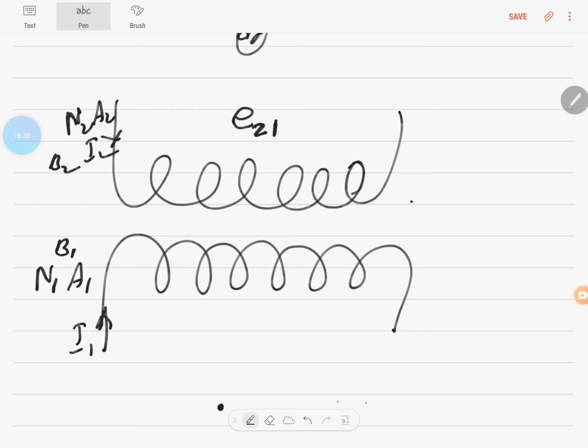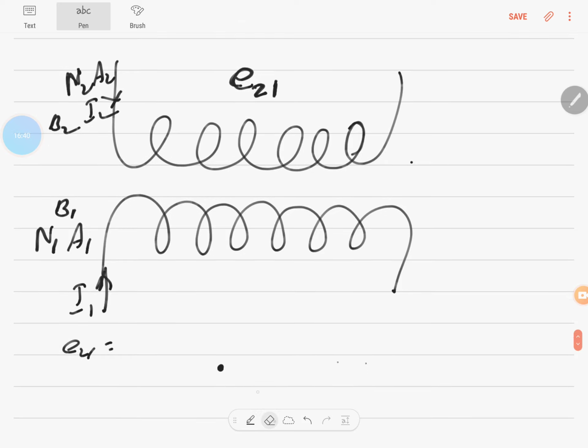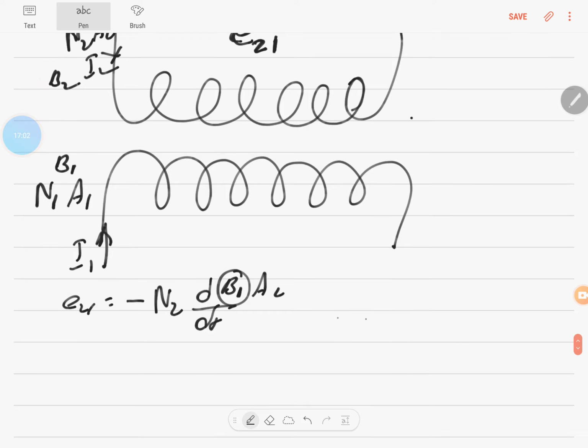But we are going to talk about E21, which is the induced EMF in the second coil due to the first coil's magnetic field, which is minus N2 into d phi by dt, where phi can be written as B dot dS, which is B1 into A2. Only the magnetic field due to 1 is responsible for this change, correct?